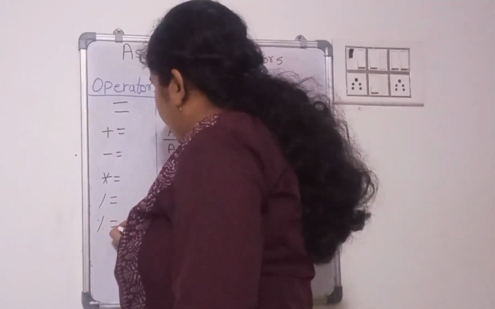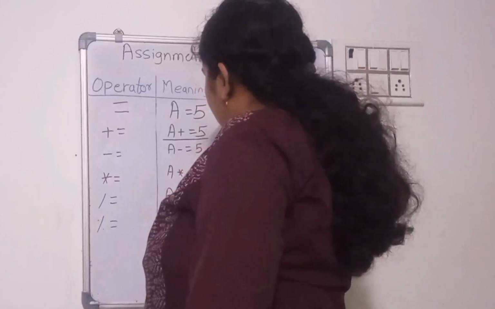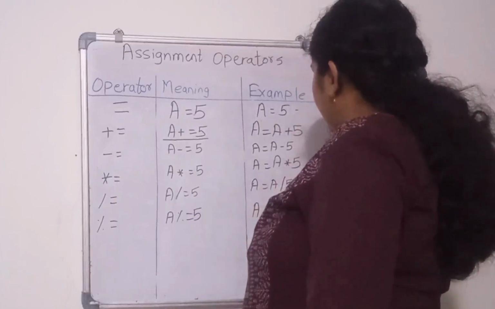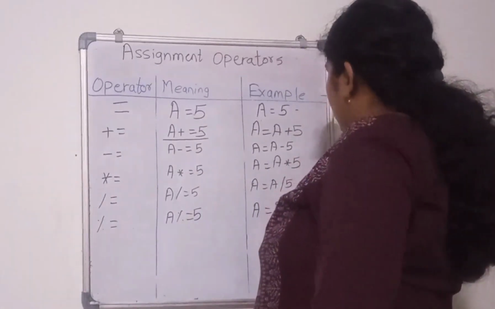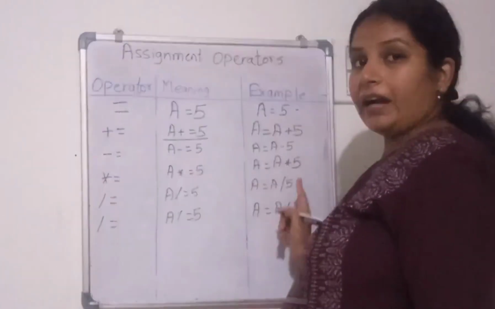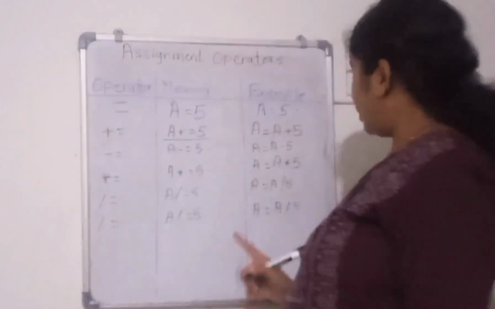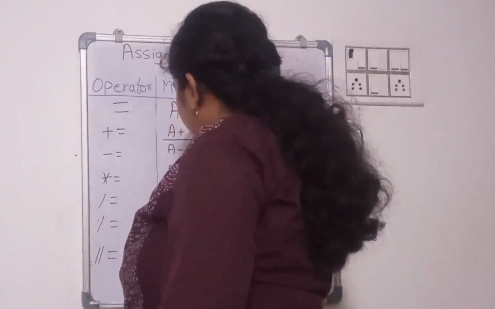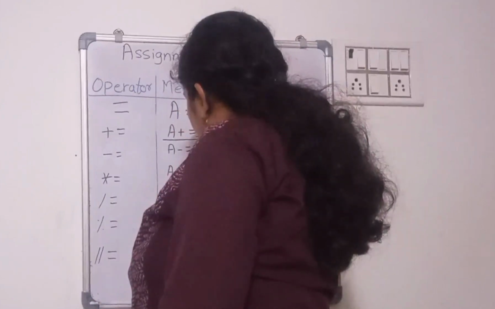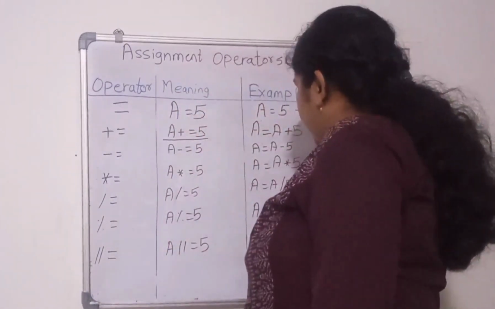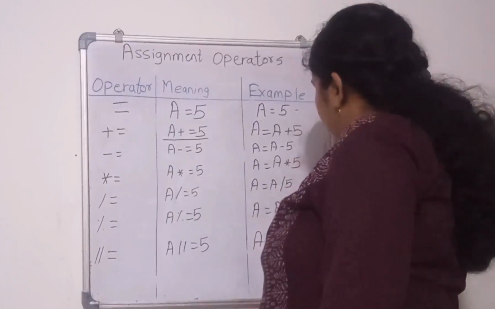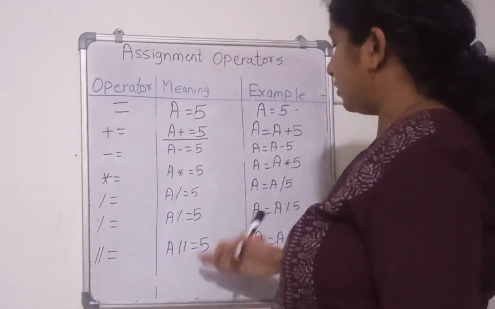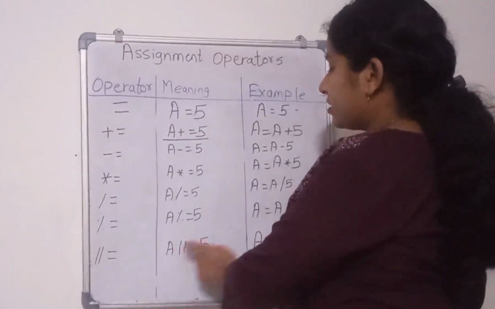Then the modulus sign, a %= 5, can be written as a = a % 5. So your a value will be divided by 5 and the remainder will be stored in your a variable only. Then floor division, a //= 5, can be written as a = a // 5.